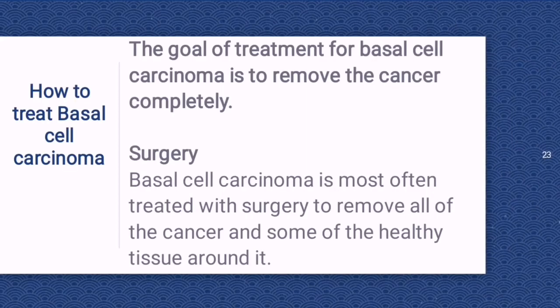How do we treat basal cell carcinoma? The goal of treatment for basal cell carcinoma is to remove the cancer completely. The first is surgery. Basal cell carcinoma is most often treated with surgery to remove all the cancer and some of the healthy tissues around it.